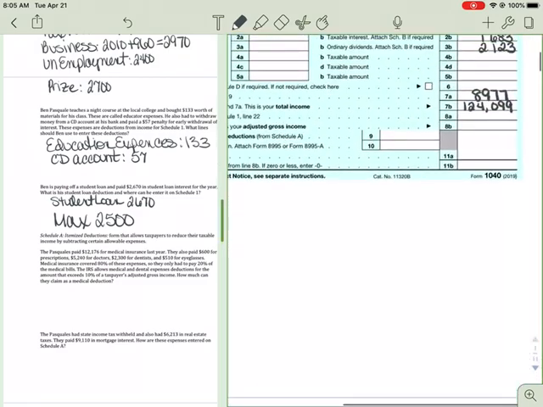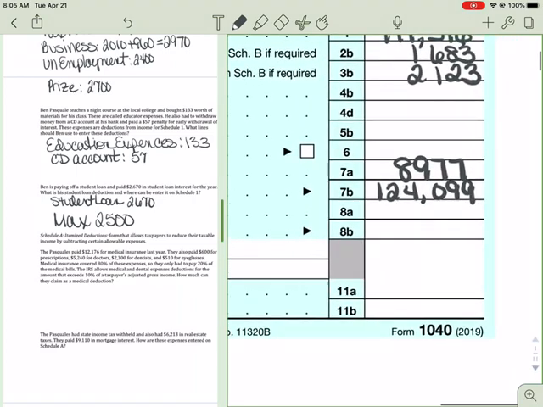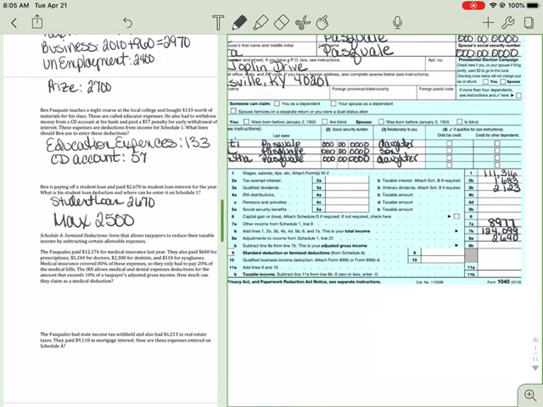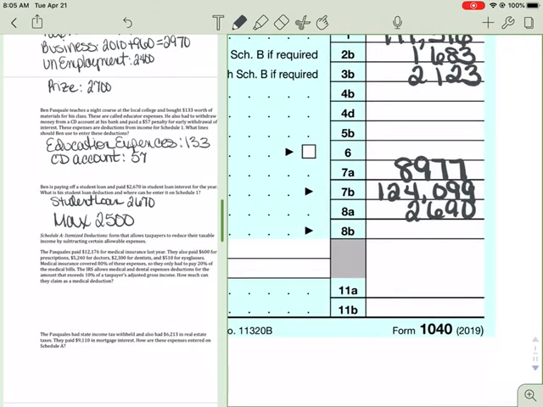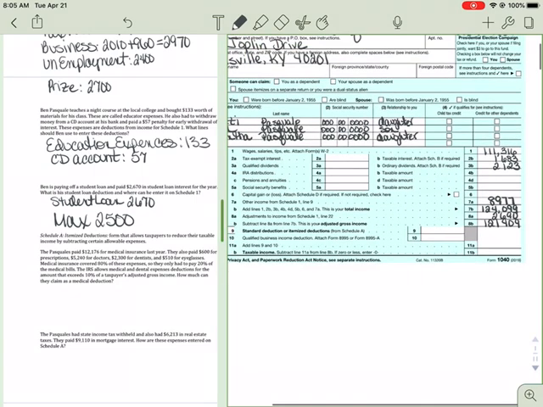So let's go back up here. 8A, $2,690. Okay. All right. So subtract line 8A from 7B. So this is a deduction. All right. And when we do that, we're going to get 121,409. Okay, so that's not too bad.